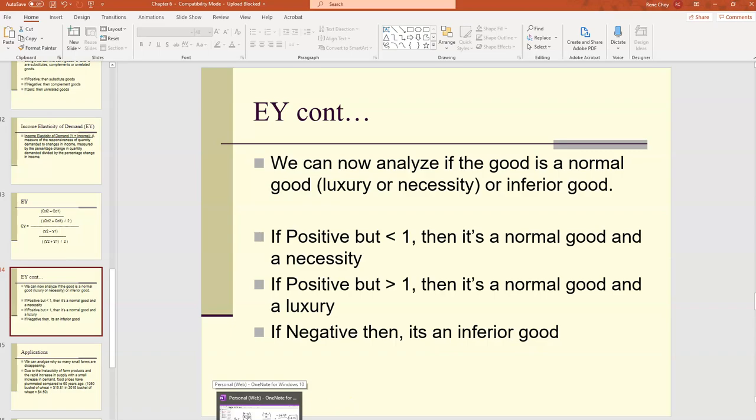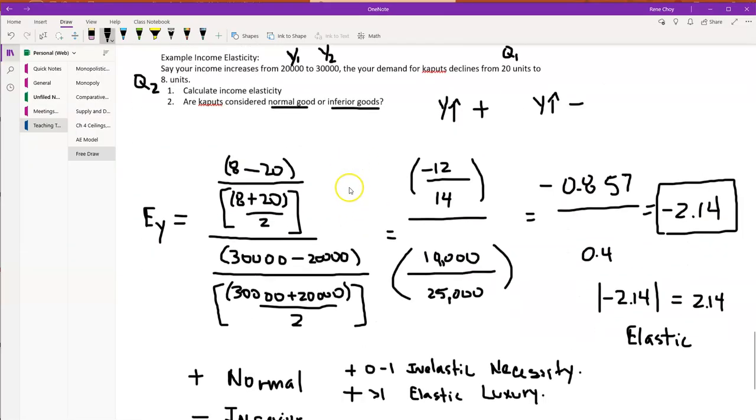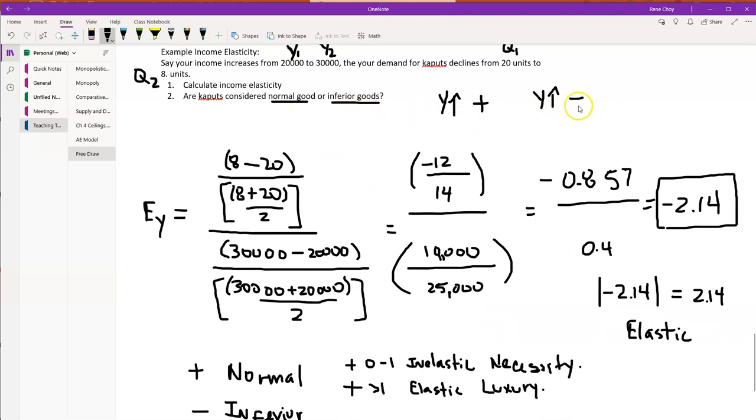So during bad times, because the relationship between your income and the good is a particular one, if your income level decreases, you actually buy more inferior goods, because the relationship is negative for inferior goods and positive for normal goods.